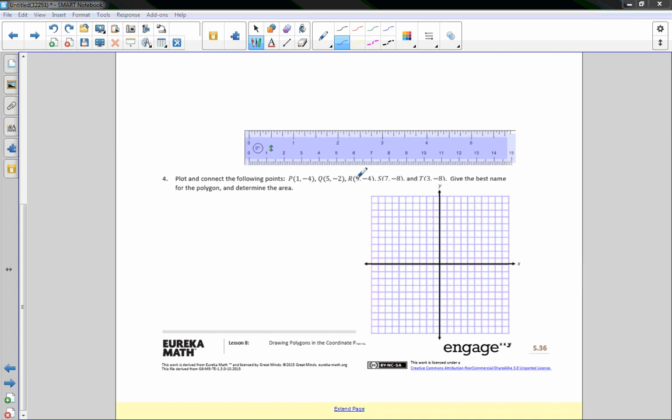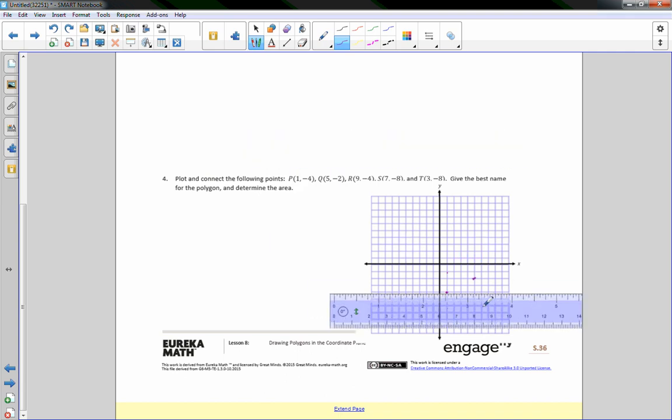Okay, now we're on to number 5. It says plot and connect the following points. P, 1, negative 4. So that's P right here. Q, 5, negative 2. So I'm going to connect these as I go so it's less confusing.